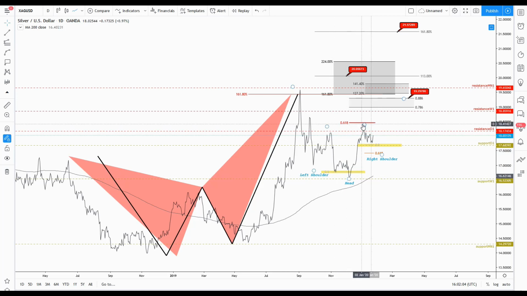So actually, if we had a horizontal neck zone, we would have a clear picture of what to measure to project our targets. Since we have what I'd call an ascending neck zone, ascending because we have an ascending trend line resistance there, I usually suggest using the higher close level to project the price.